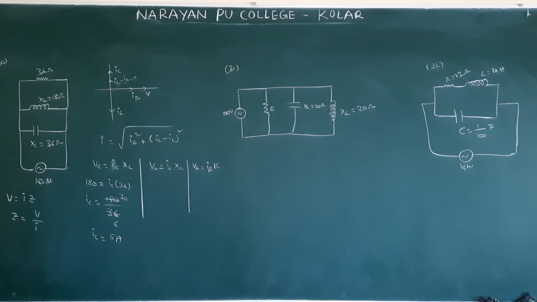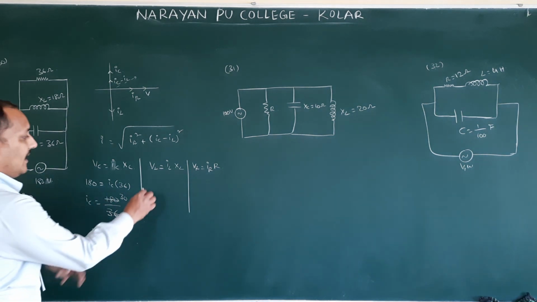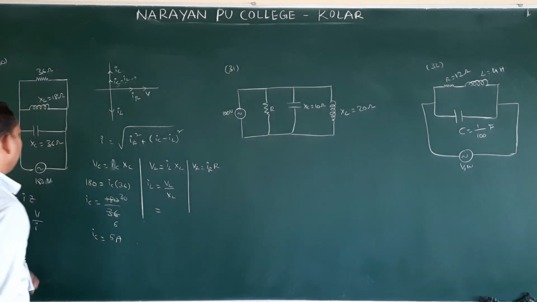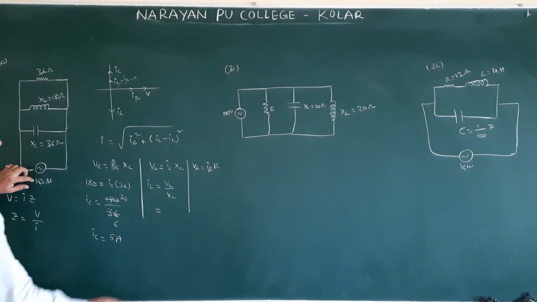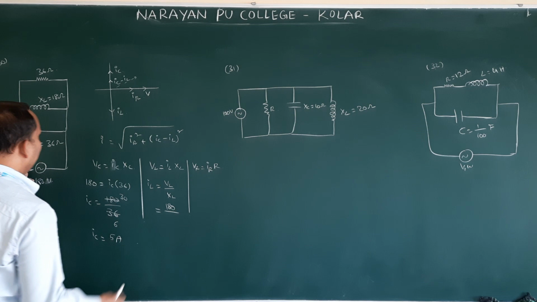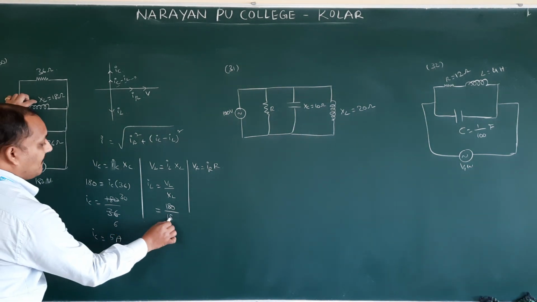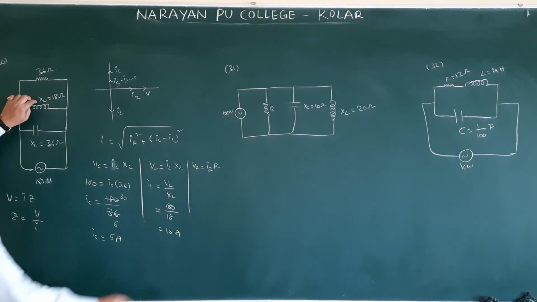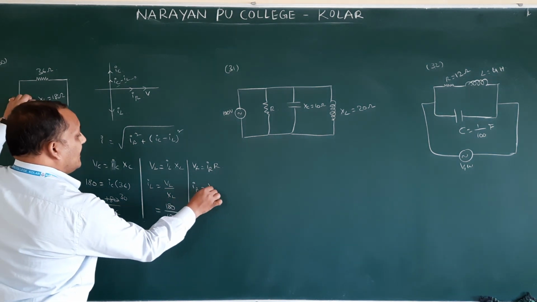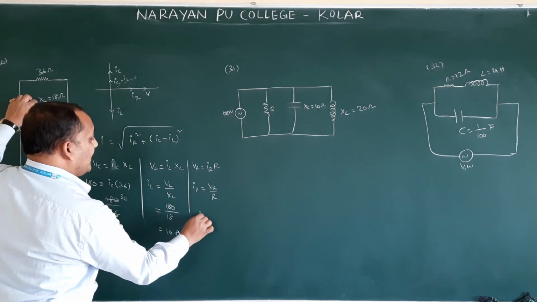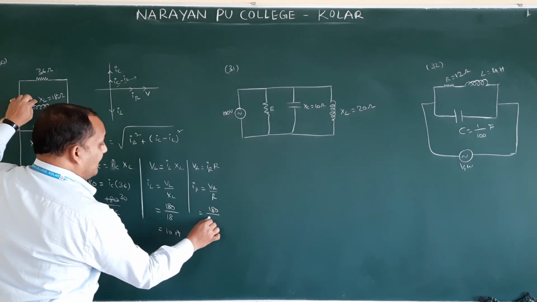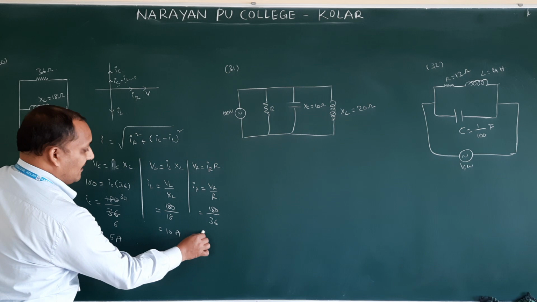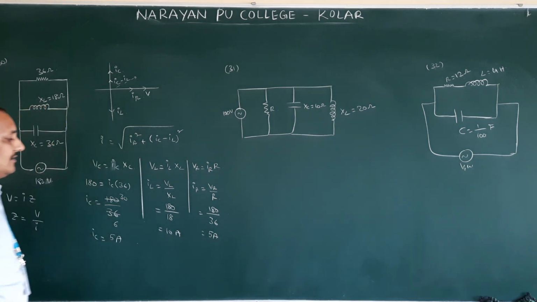Correct or not? Next, IL is VL by XL. What is VL? Again 180. XL is 18. That is nothing but 10 amperes. Next, IR. IR is equal to VR by R, 180 by 36, which means again 5 amperes.